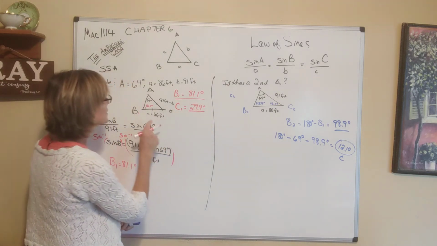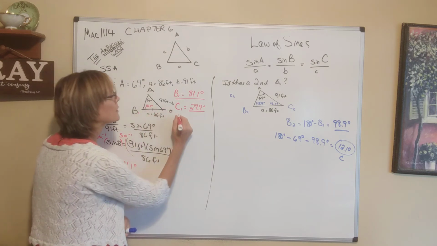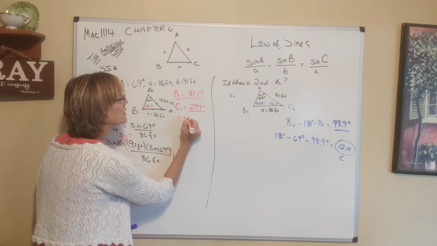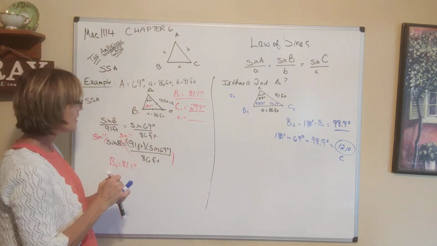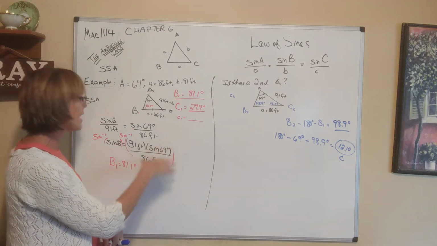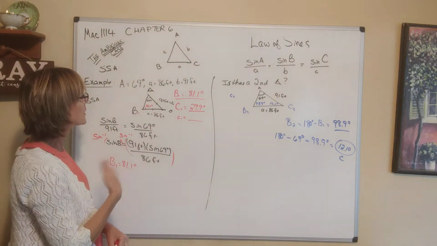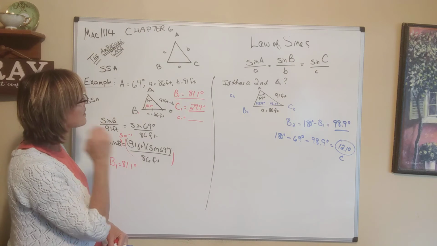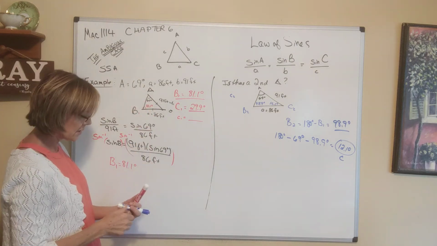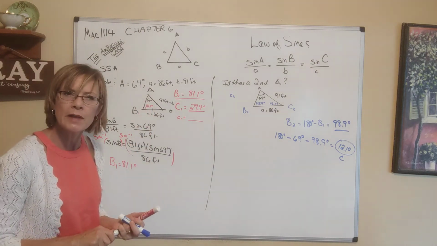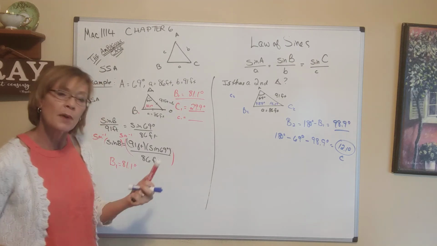29.9 degrees. So we know little a, we know little b. The only thing left to do is find little c, and if you want to label it C1, that's fine. How can we do that? Law of sines. So let's pick information we know. I'm going to start with the given information. That's usually safest. It's most accurate to use given information as much as possible.